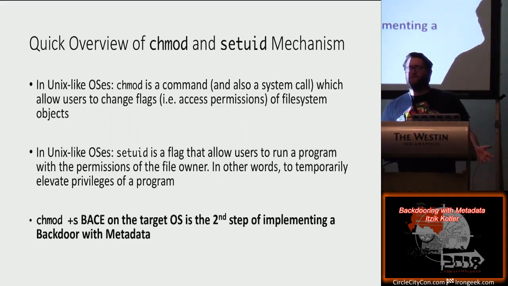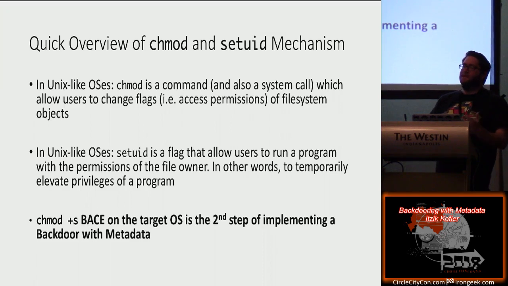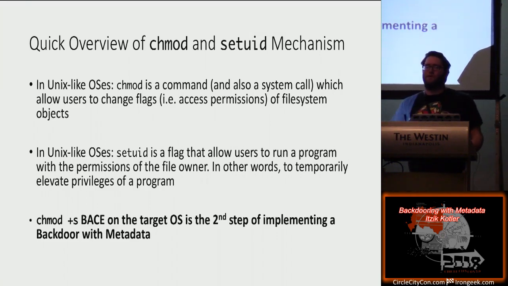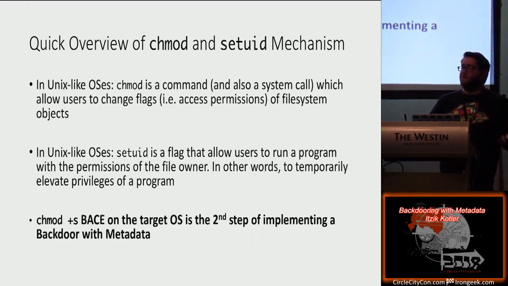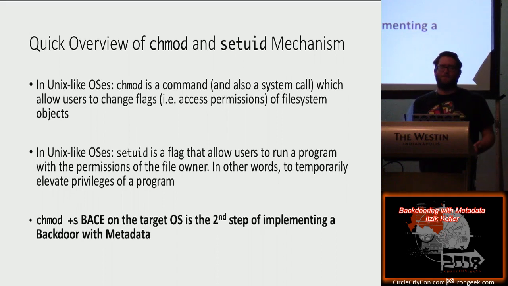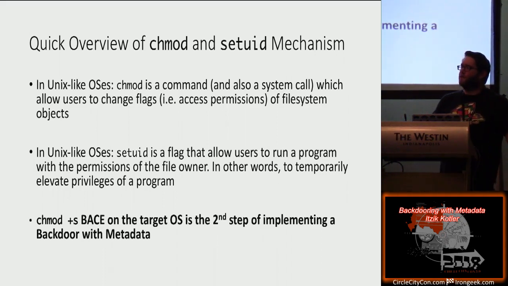Now, of course, sharing the password is a bad practice. Having everybody be root is a bad practice. There needed to be a mechanism that would allow, even temporarily, programs to elevate their permission in order to perform a task. The most obvious example is passwd. Anytime you would like to change your password on a Linux machine, that program will end up writing into the master password file, which is protected and only allowed for the root administrator to do so.